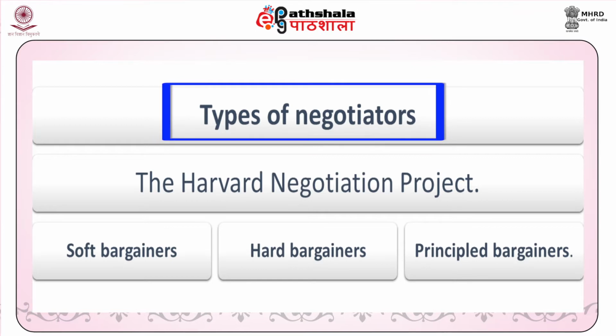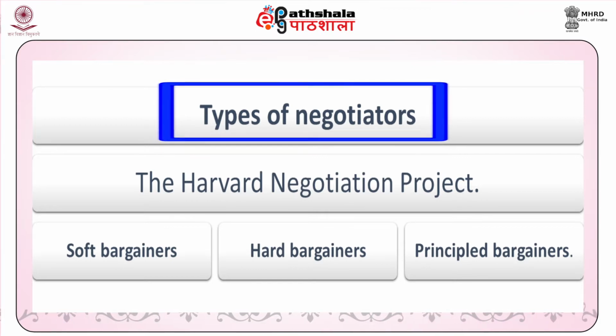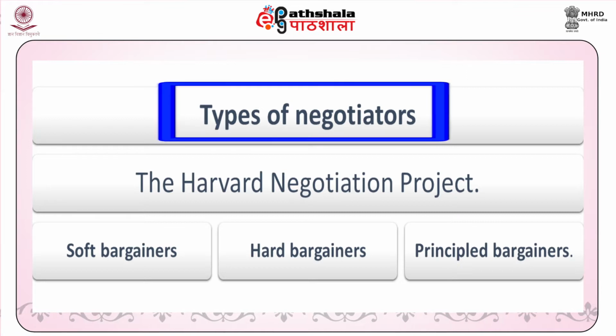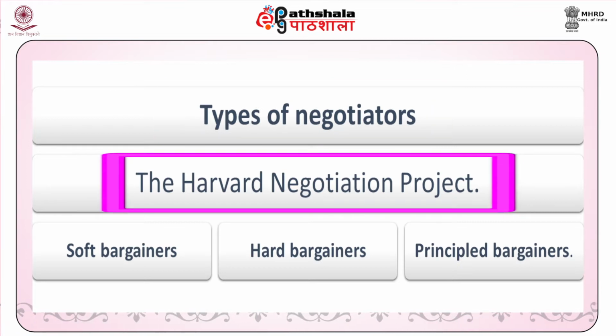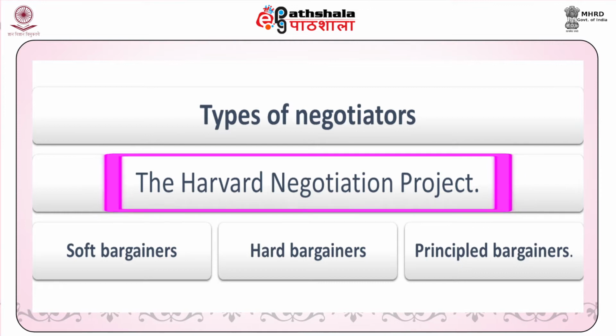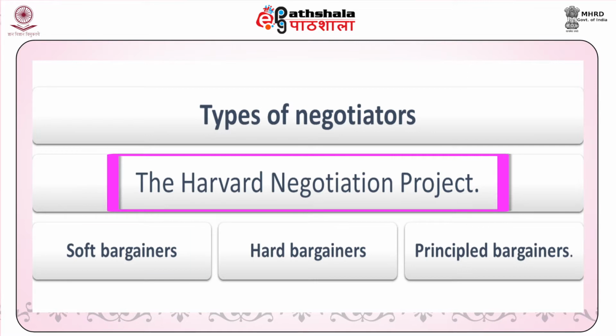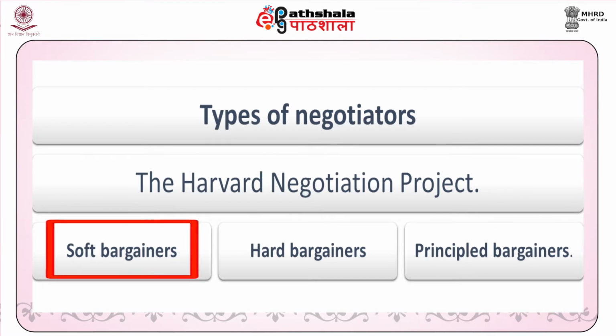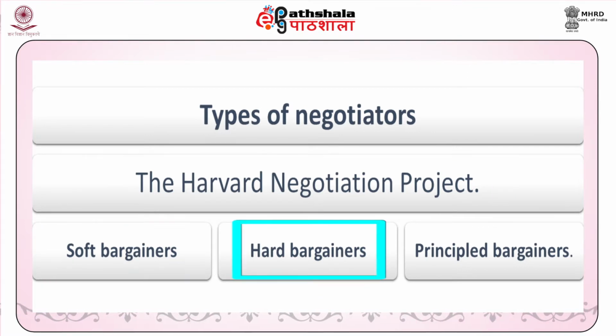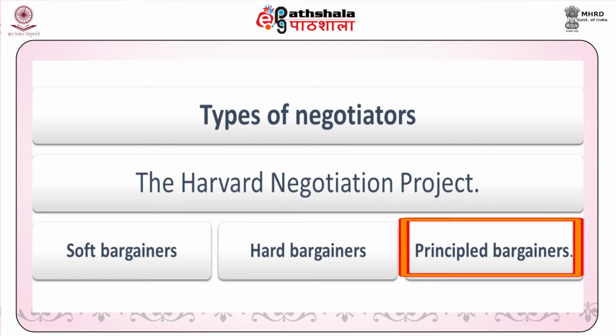Three basic kinds of negotiators have been identified by researchers involved in the Harvard Negotiation Project. These types of negotiators are soft bargainers, hard bargainers, and principled bargainers.